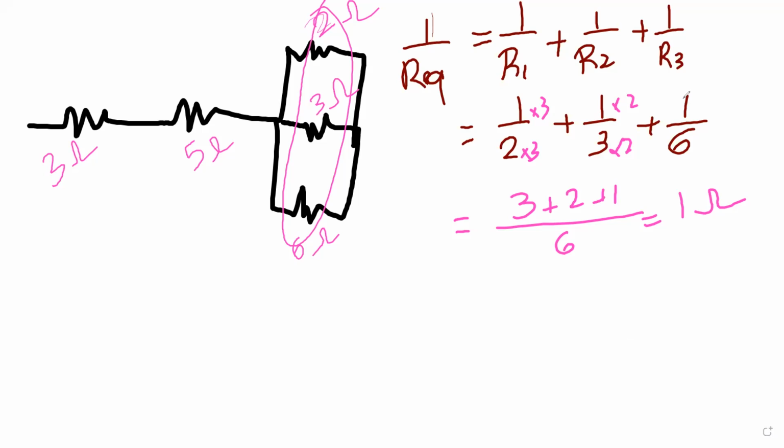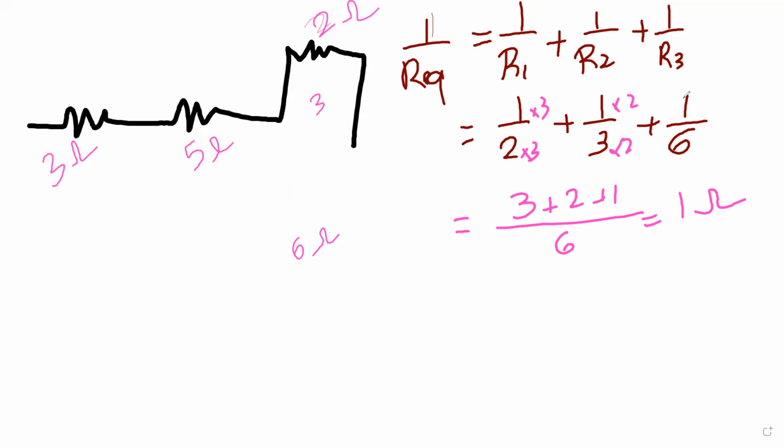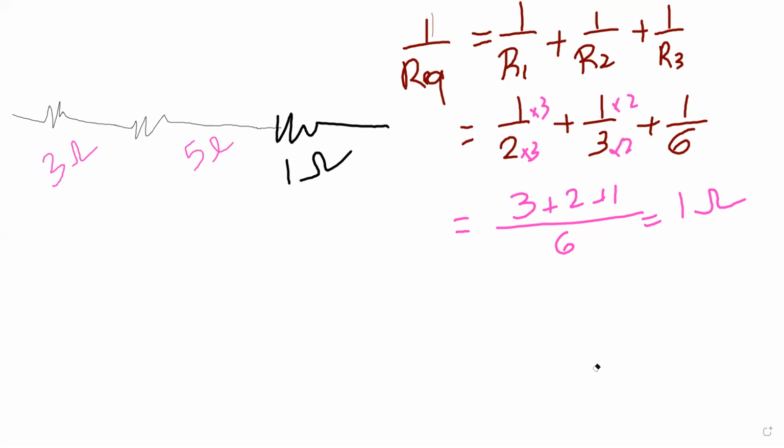So you will now draw, instead of these 3 resistors that are in parallel, one resistor with one resistance, which is 1 ohm, which is the R equivalent.